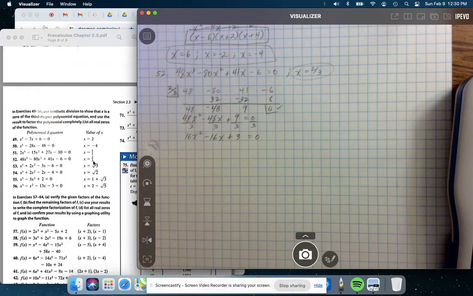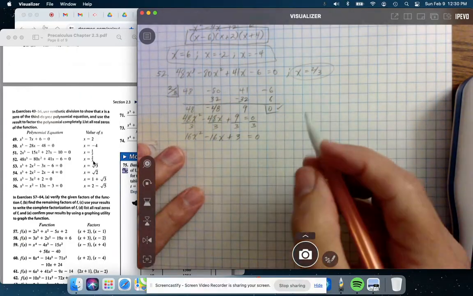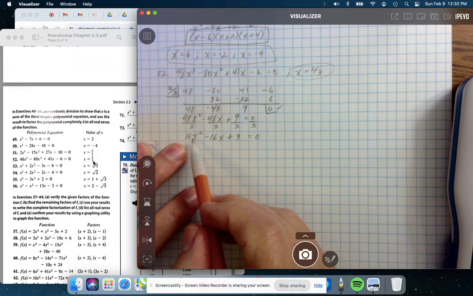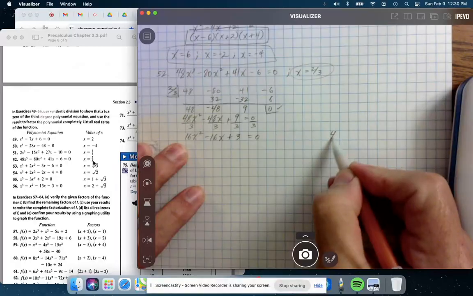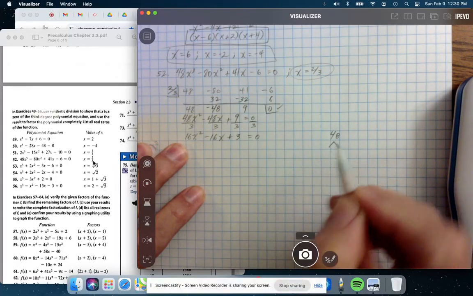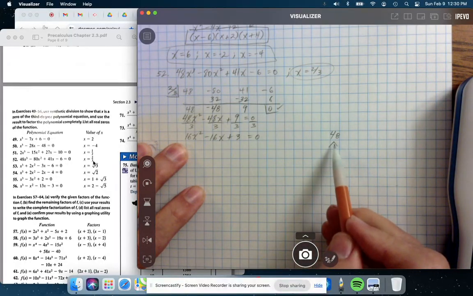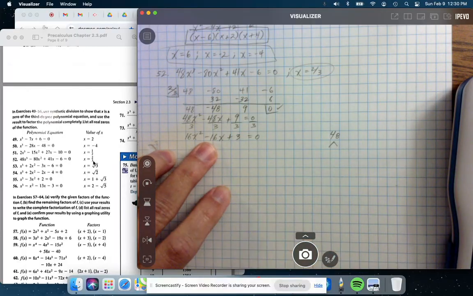All right. So let's see if I can figure out how to factor this. Now, one way we talked about factoring was to multiply the first term to the last term, which is 48. And then I'm going to break that down into two numbers that multiply to 48 but add up to negative 16.